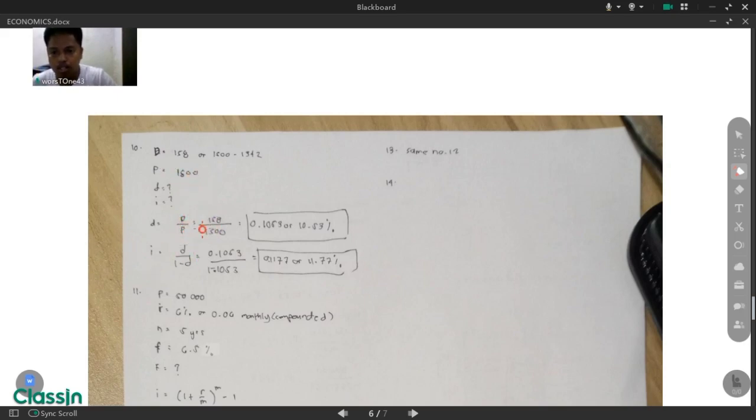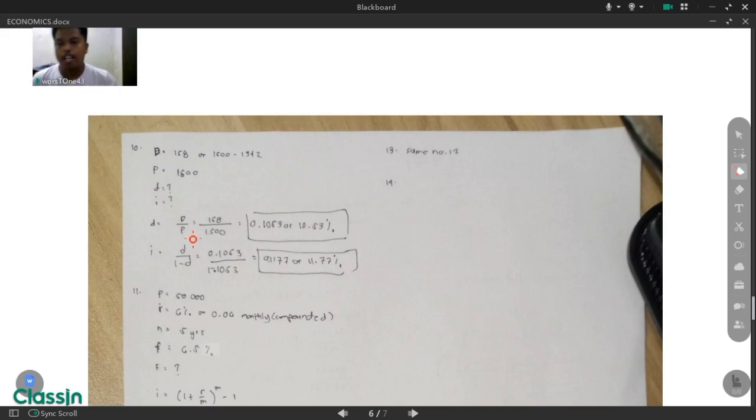Okay, so since we have the discount, which is 158, and our principal, which is 1,500, our discount rate is 10.53%. Calculating it, 158 over 1,500, we have 0.1053 or 10.53%.